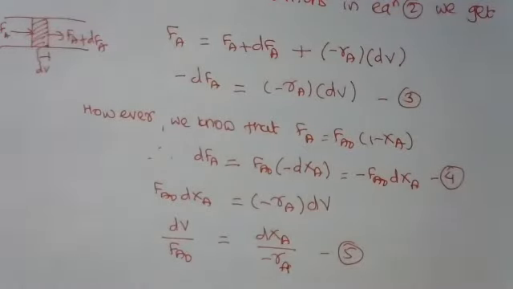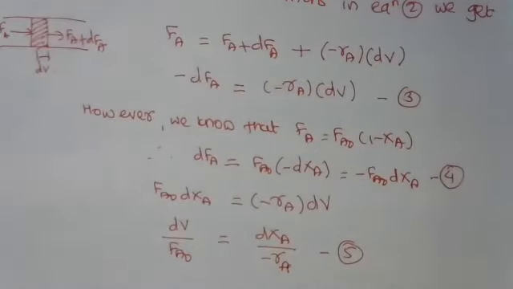Accordingly, if we substitute the expression of minus RA, then we will be able to simplify this on a case to case basis. But at the moment, our objective is to integrate it as a general performance equation for a plug flow reactor. So let us proceed further.